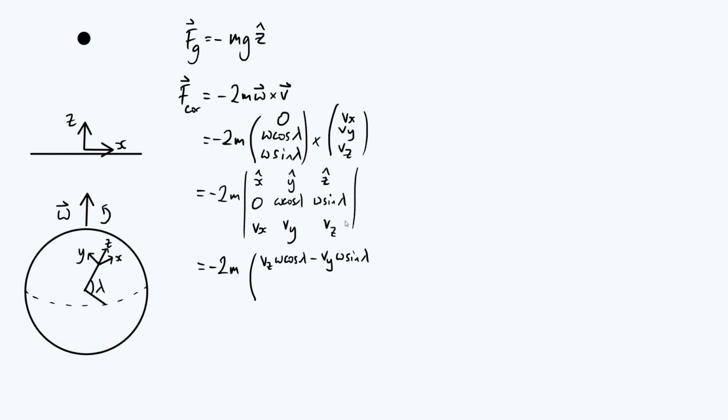Then to get the y component, we want to do vx omega sine lambda, and then we'd be subtracting 0 because we've got 0 here multiplied by vz. And then to get the z component, we want to do 0 times vy minus vx omega cos lambda. All right, so there is our Coriolis force as a vector split up into components.